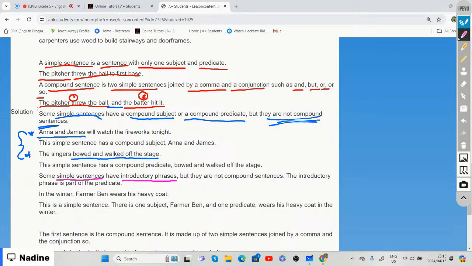So some simple sentences have an introductory phrase, like the way they start, but we do not call them a compound sentence. It is just an introductory phrase. And usually the introductory phrase is part of the predicate, the action that is taking place.